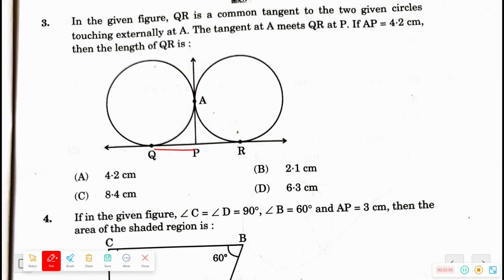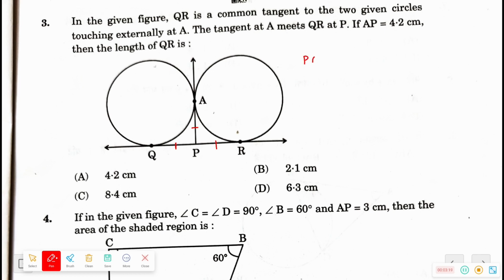PQ is a tangent from P to the circle and AP is also a tangent, so these two are equal. Similarly, AP is equal to PR because these are also tangents from an external point to the circle. So PQ is equal to AP, and similarly PA is equal to PR.